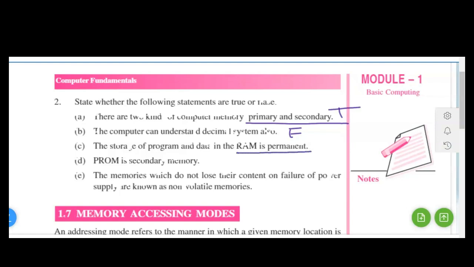In RAM, the data or the information is not permanent. Next is, PROM is a secondary memory. It is false. Next one is, the memories which do not lose their content on failure of power supply are known as non-volatile memories. That is true.